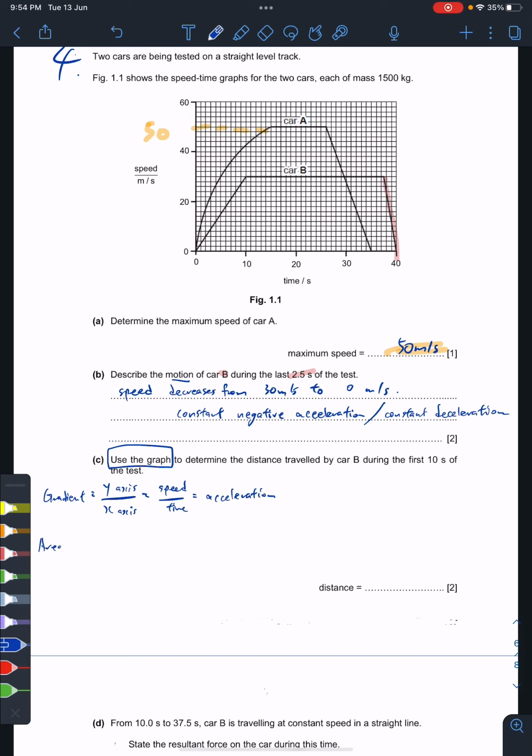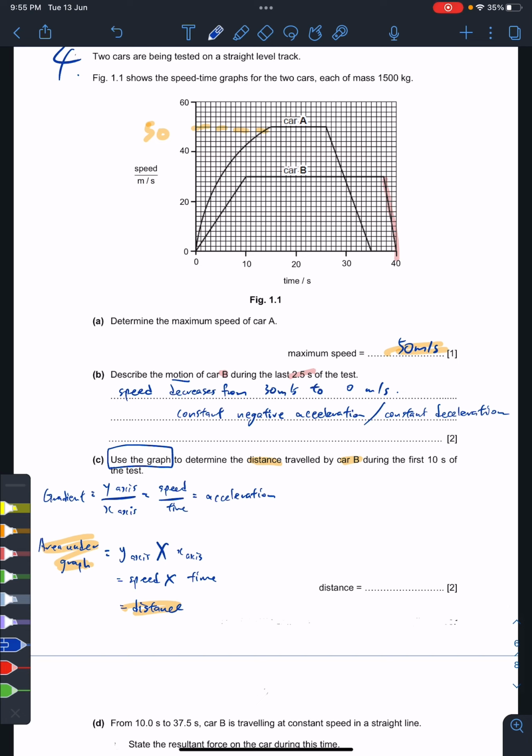Area under the curve, or area under the graph, is your y-axis times x-axis, equals speed times time, equals distance. This is the one that is relevant here. So I need to find the area under the graph for the distance of B.